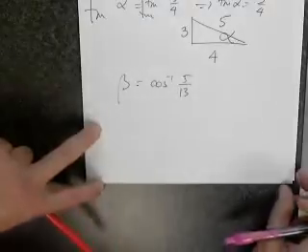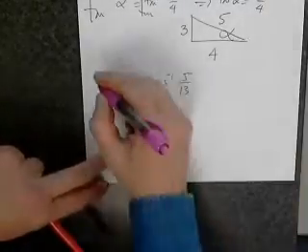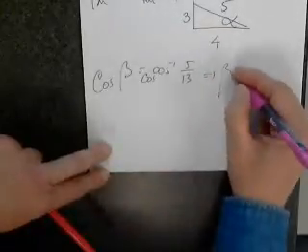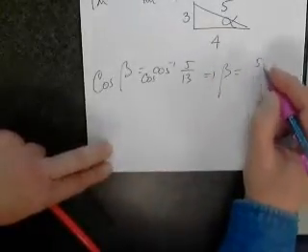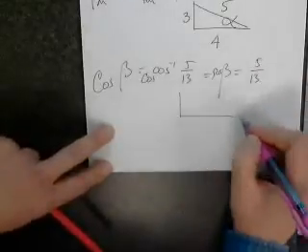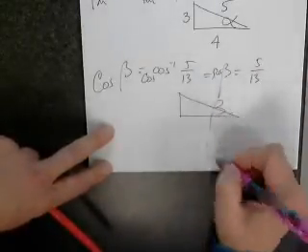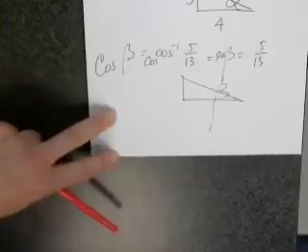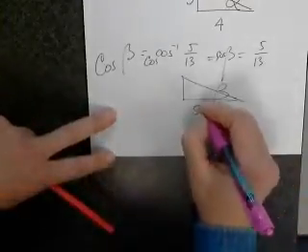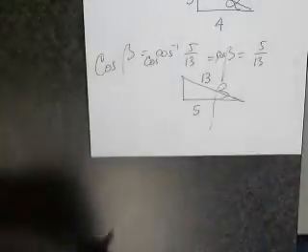Now what? So then I have from here that cosine beta equals 5 over 13. So I have to draw a right triangle with an acute angle beta, and identify that this is 5 and this is 13.